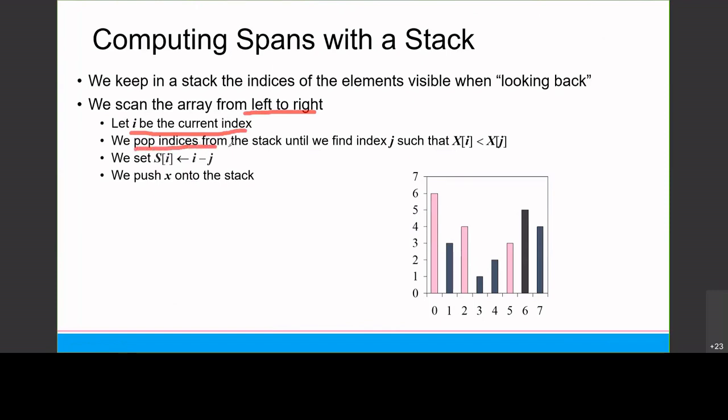We pop the index from the stack until we find the index j such that xi is less than xj. Then we set si equal to i minus j, and then put the index into the stack again.